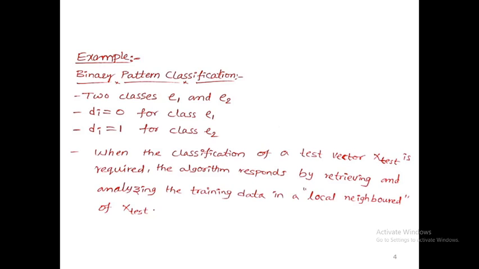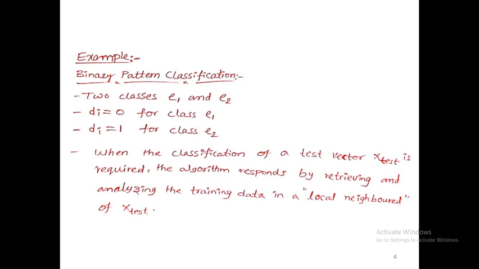That means all zeros belong to the E1 class, all ones belong to the E2 class. Class means group: the group of zeros belongs to E1, the group of ones belongs to E2.